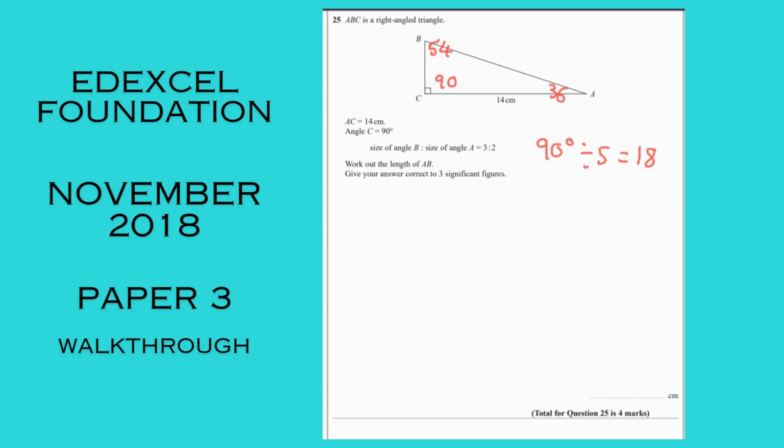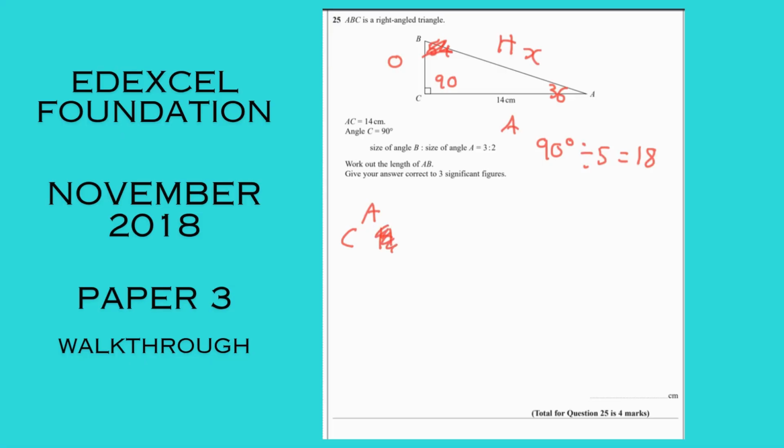Now it becomes SOHCAHTOA. Get your labels. I'm going to work on the 36 angle, hypotenuse, opposite, adjacent. I want to work out, it's asking me for the hypotenuse. So this is a K, a C, a H question.